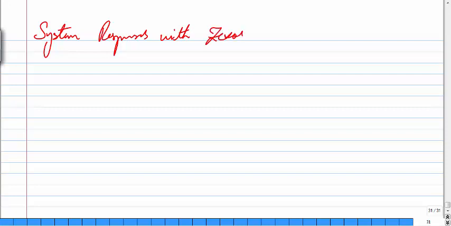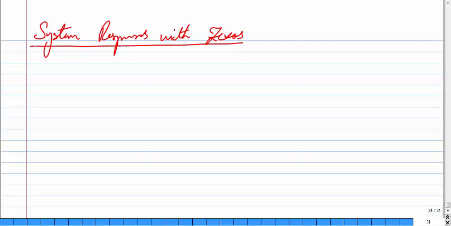So here the main idea is that if we introduce some zeros to the system, how does it affect the overall phenomena?